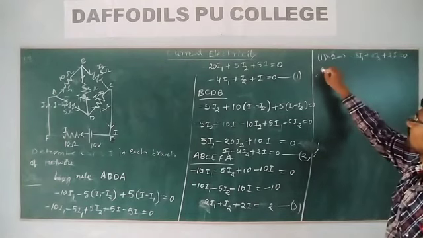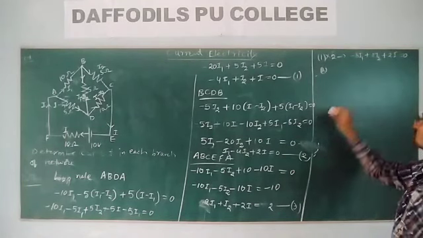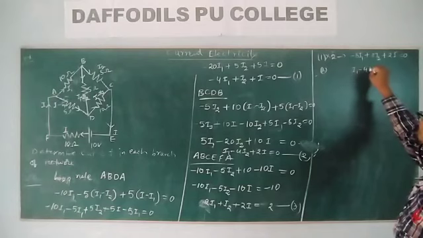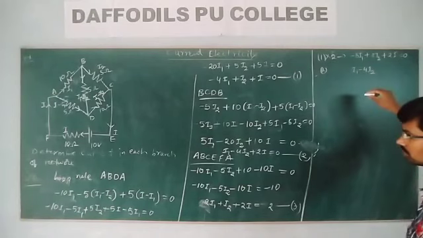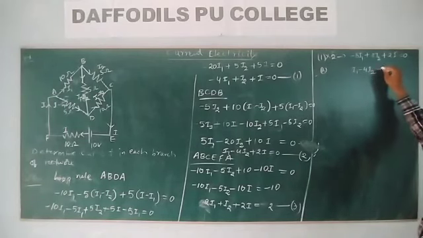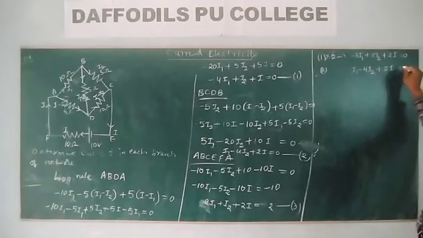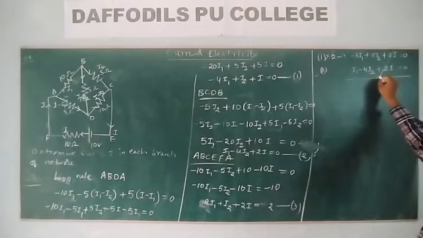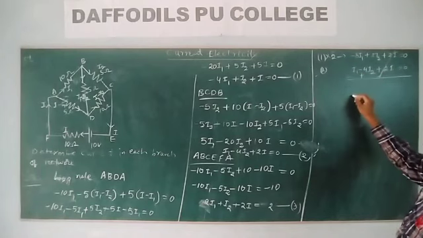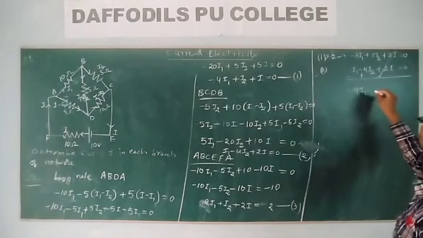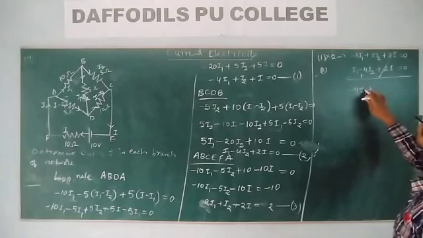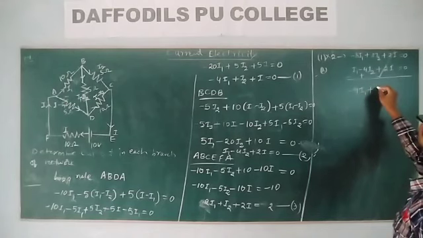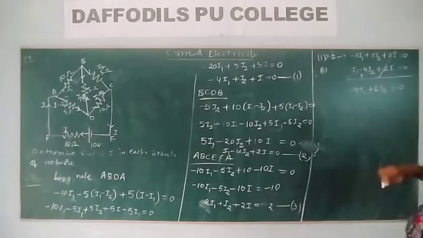Similarly, the second equation, you already know what it is: I1 minus 4I2 plus 2I is equal to 0. Now this will be cancelled, then minus 9I1 plus 6I2 is equal to 0.